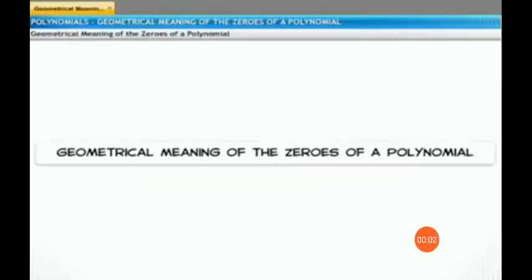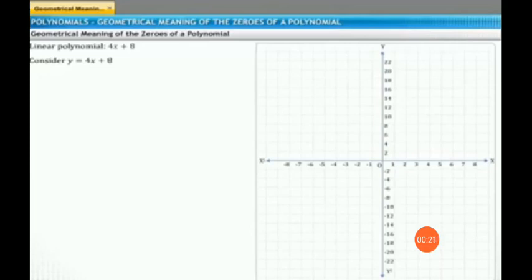Now we will learn about the geometrical meaning of zeros of a polynomial. Consider the linear polynomial 4x plus 8. Let y equal 4x plus 8. Now we will find out the values of x and y to plot on a graph. We will make a table for x and y.